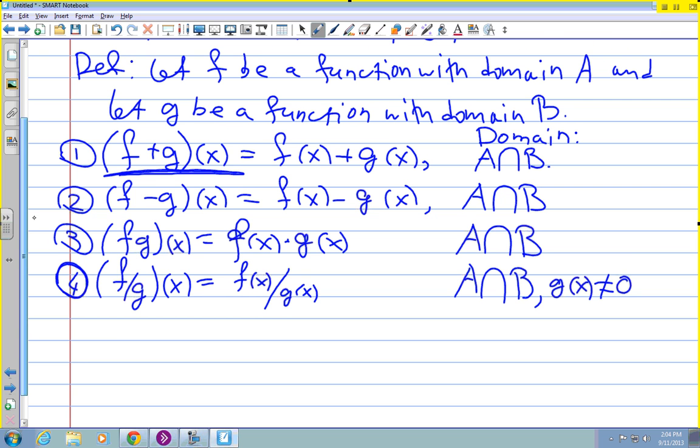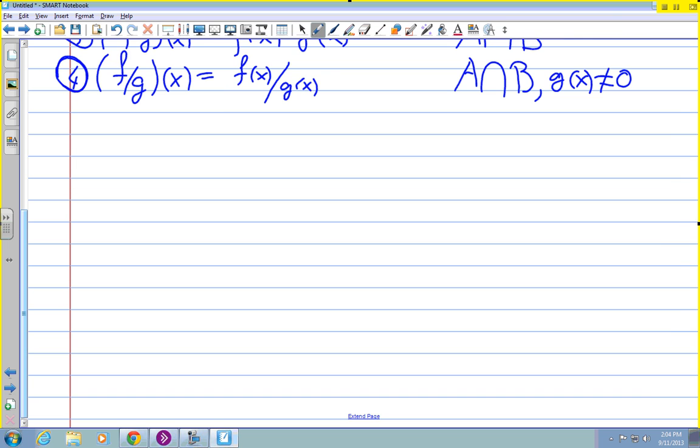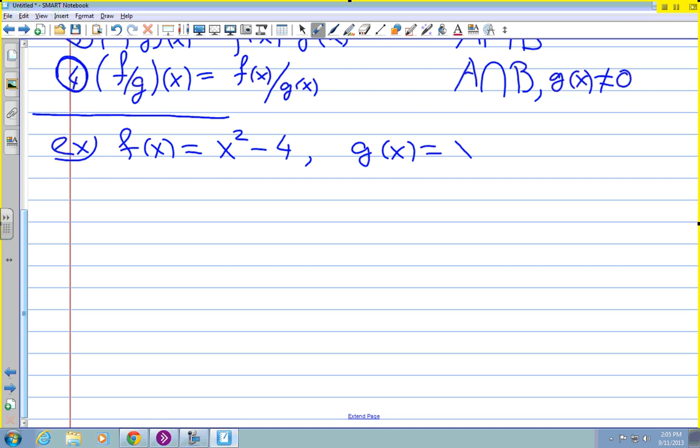Good. Well, let's do an example. f of x equals x squared minus 4, and g of x equals x squared plus square root of x minus 4. All right.